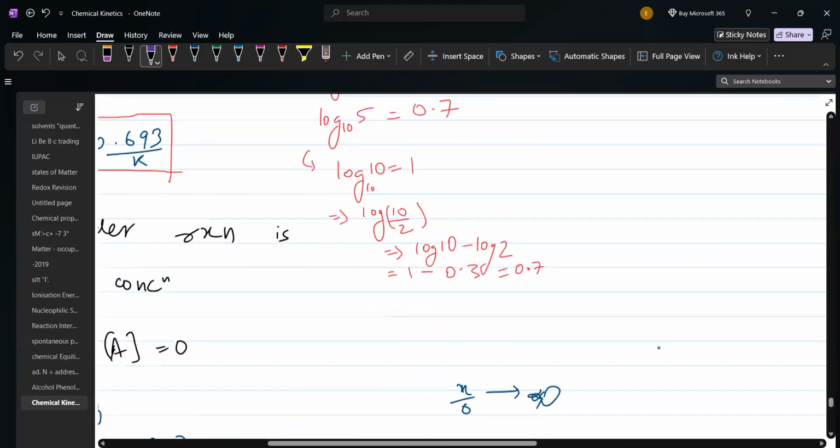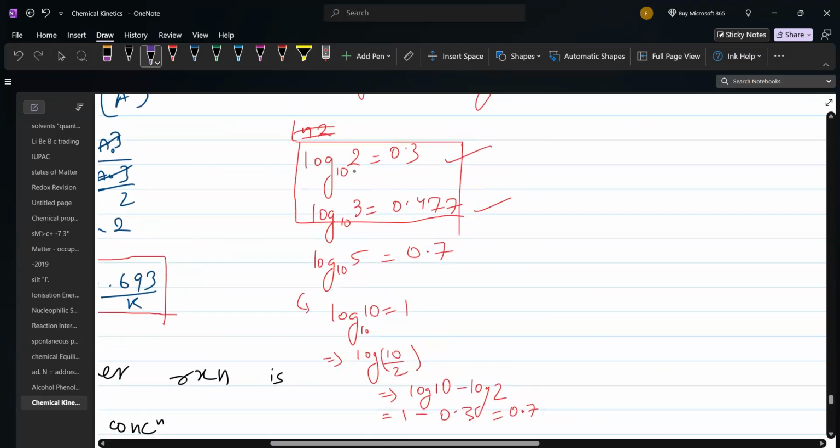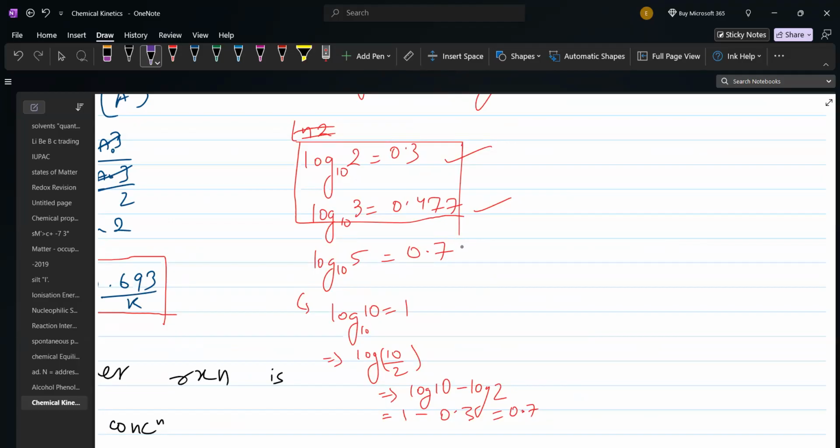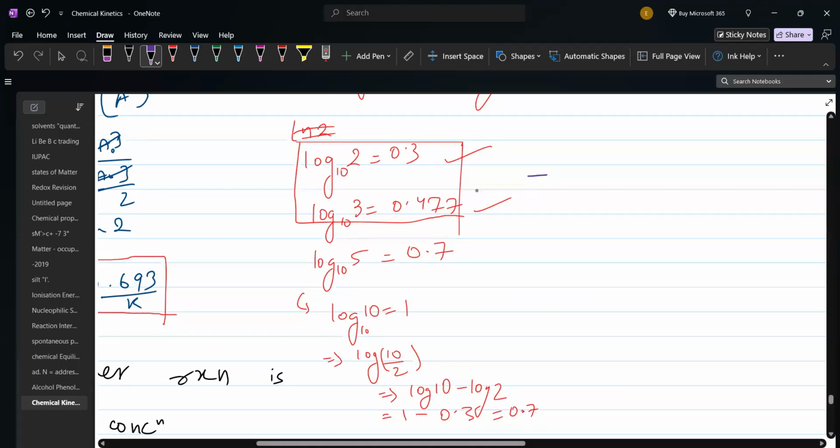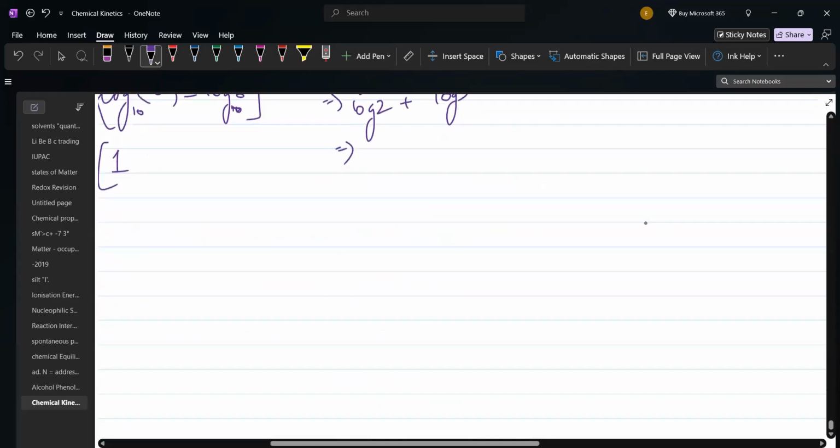See, I have already told you to remember log of 2, log of 3, and log of 5 also. It's not a big deal. So log of 2 and log of 3 will be 0.3 plus 0.477. Okay, how have I solved here?